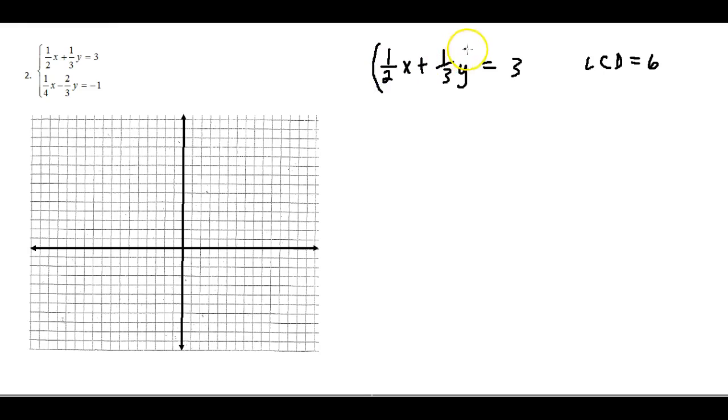So if we multiply both sides of our equation by 6, then when we distribute, we know that 6 times 1/2 is 3. And we carry the x over, and we know 6 times 1/3, or put another way, 6 divided by 3, is 2. And then we carry our y, and of course 3 times 6 is 18.